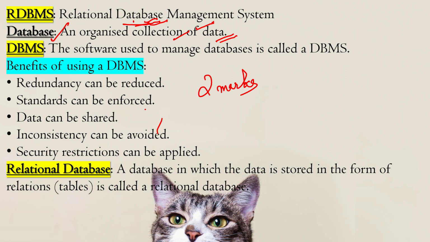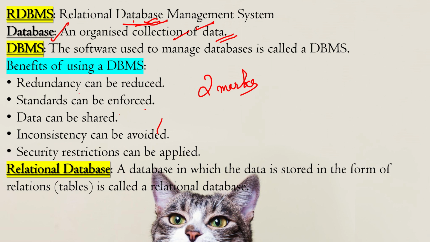Then certain standards can be enforced. Okay. Then the data can be shared, inconsistency can be avoided, and security restrictions can be applied. Firewall, we can use several security restrictions can be applied. Alright. So these 5 points are important. Redundancy can be reduced, standards can be enforced, data can be shared, inconsistency can be avoided, and security restrictions can be applied.